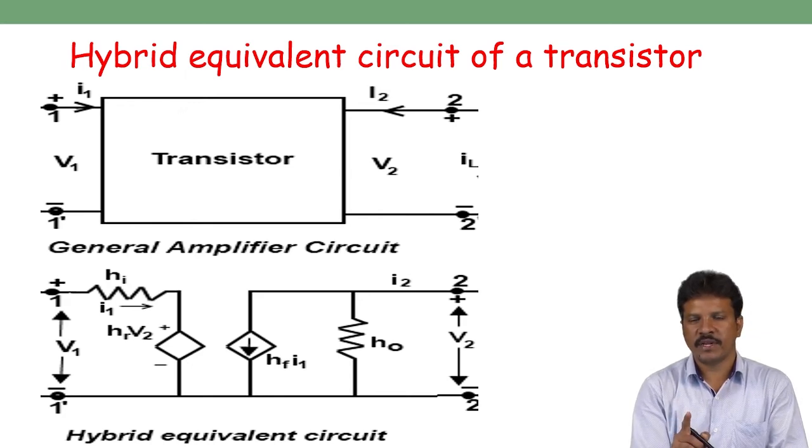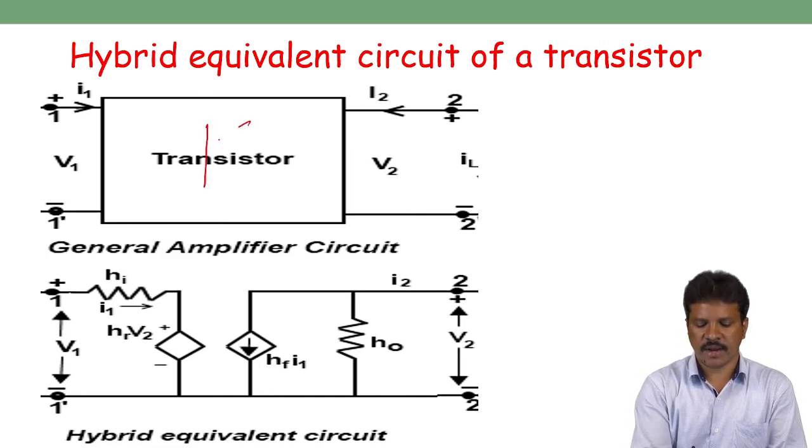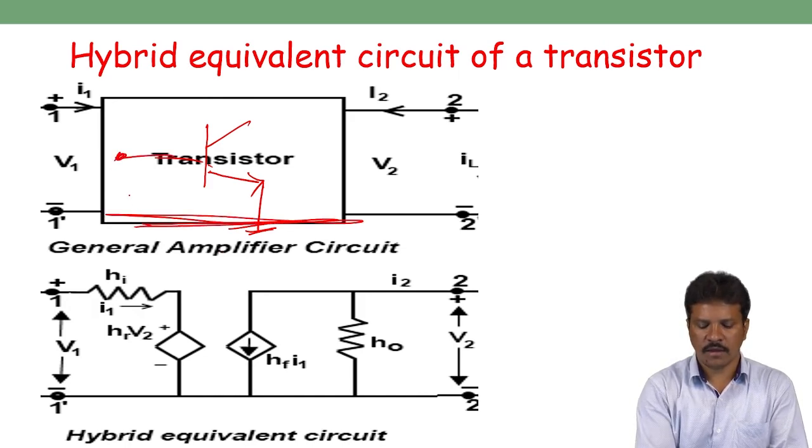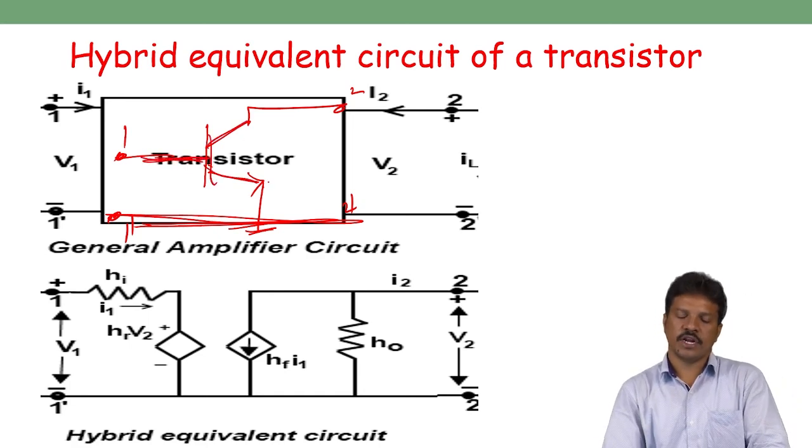When we connect one terminal as common, we can connect it as two ports. Let us consider a common emitter connection: the emitter is connected to ground, which is common for both the input port and the output port. 1 dash is the input port, 2 dash is the output port, so the transistor can be connected as a two-port network.